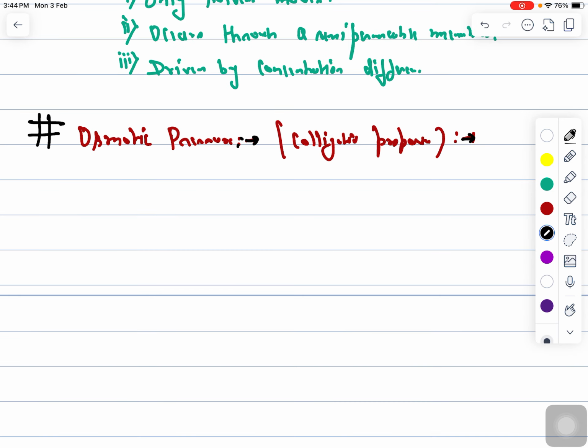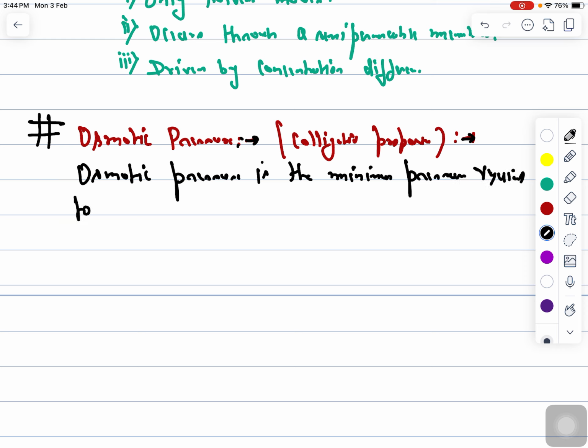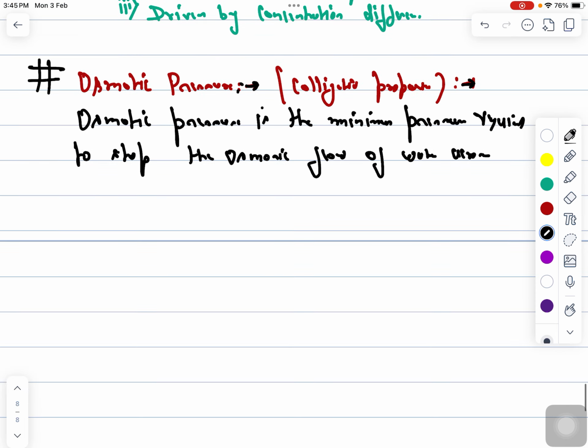So here, if you want to write the definition: osmotic pressure is the minimum pressure required to stop the osmotic flow of water across a semi-permeable membrane.